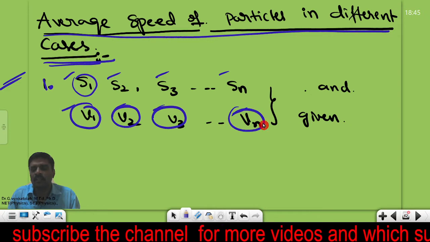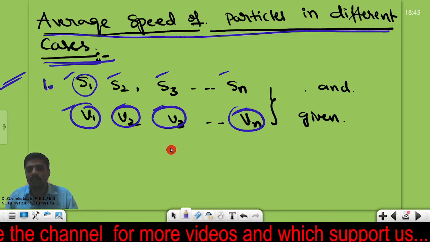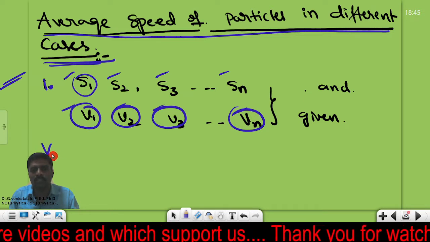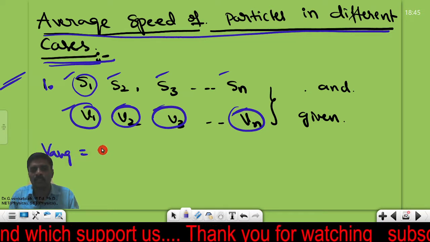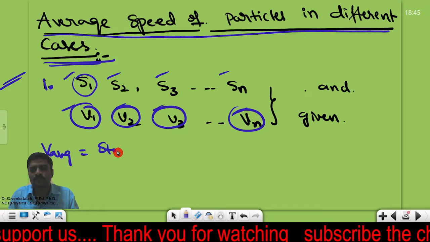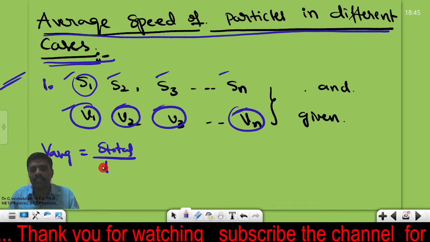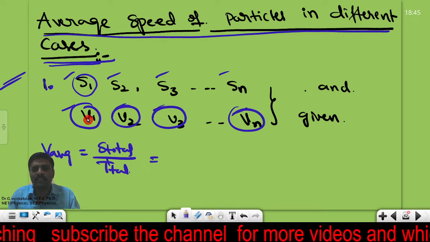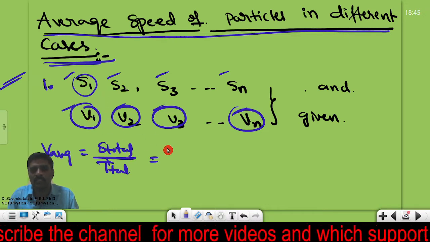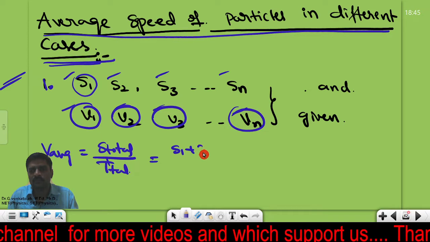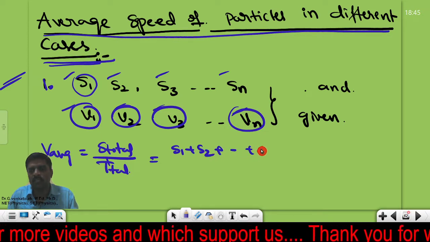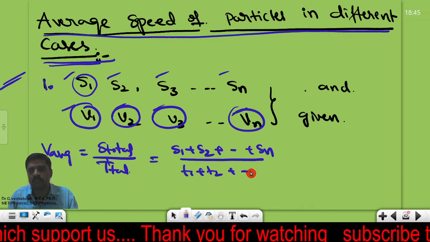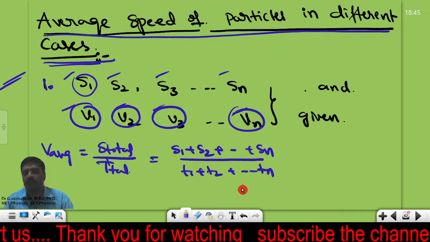The average speed formula is V average equals total distance divided by total time. But if the time values are not provided, we can use S1 plus S2 and so on up to Sn, divided by T1 plus T2 and so on up to Tn. This is the formula we have.